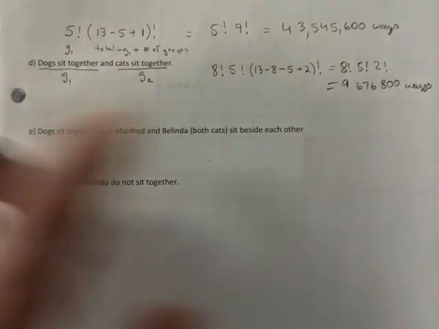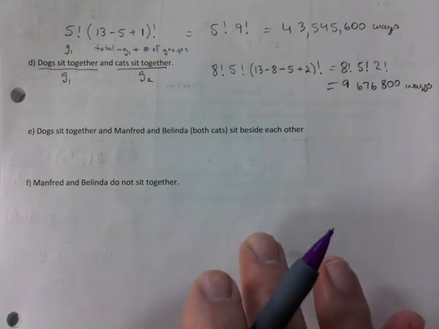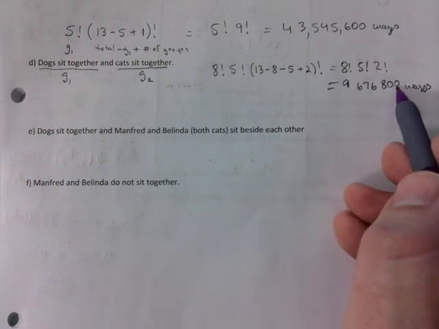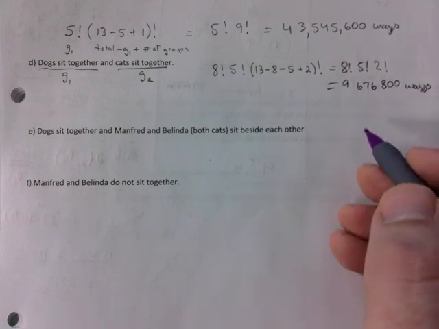And it should be less, right? Because you're restricting even more. Did I get that right? 9,676,800. Okay, good.